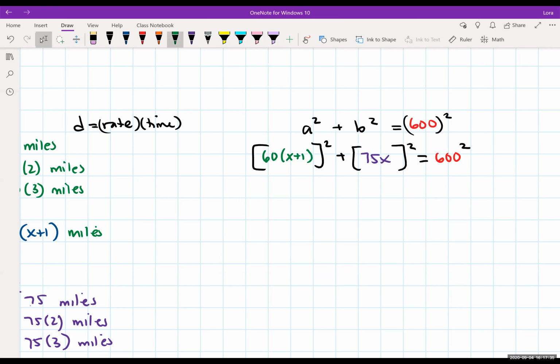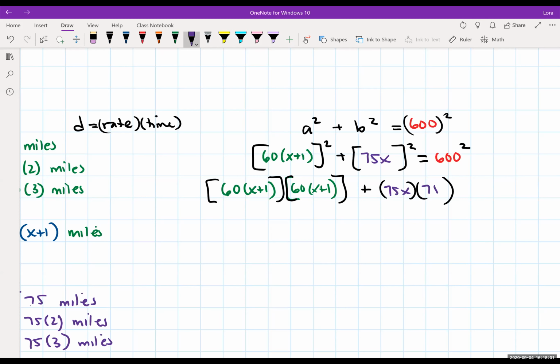What I might look at if I'm trying to understand this, I really have 60 times x plus 1 getting multiplied by 60. Well, I was trying to color code it for you. 60 times x plus 1. And then I also have 75x times 75x. I'm just writing this out so that we can really interpret this.